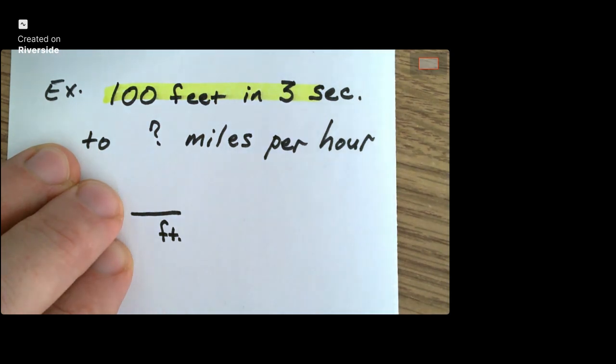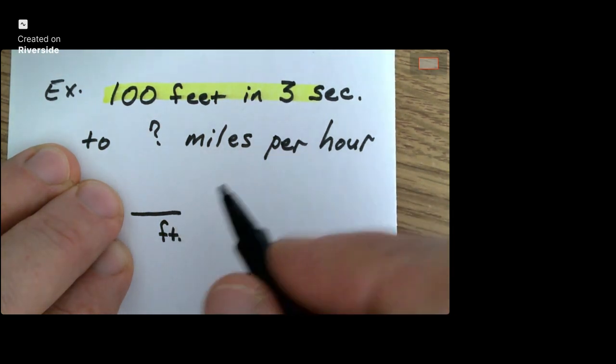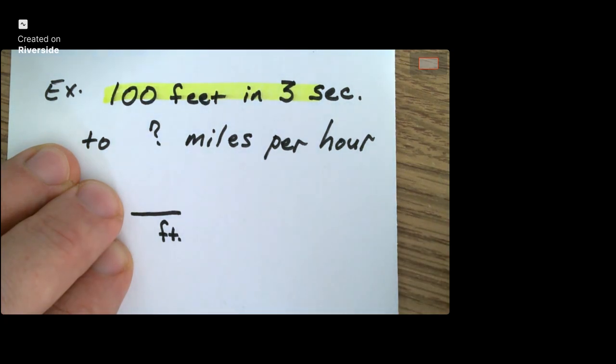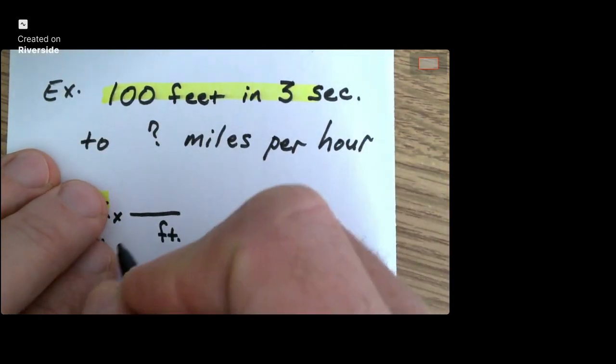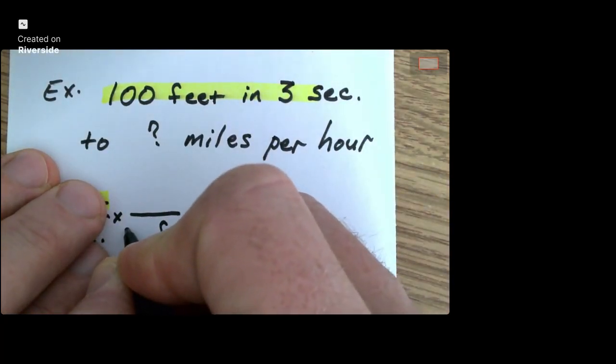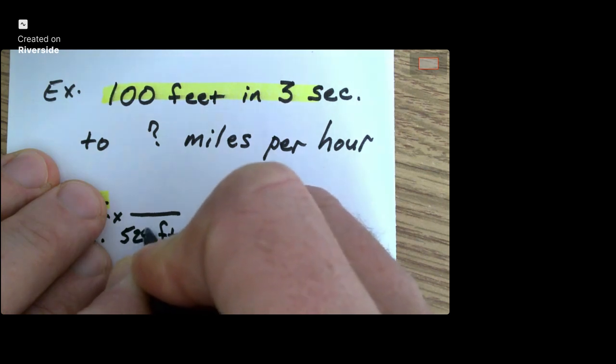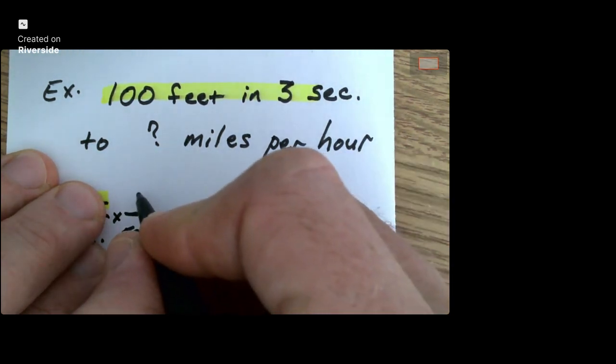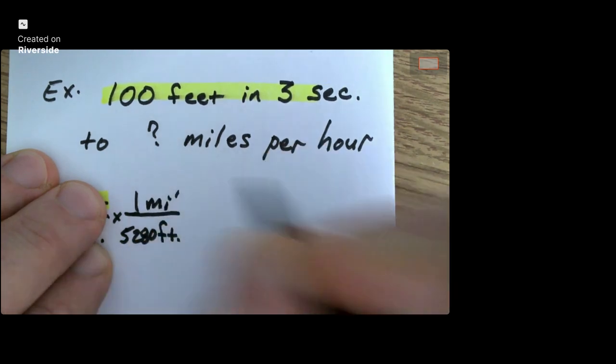If you don't, you could go feet to something else and eventually get to miles. But I think most people know the feet to miles relationship. If you don't, we can look at a conversion chart. So we know that 5,280 feet are equivalent to 1 mile.